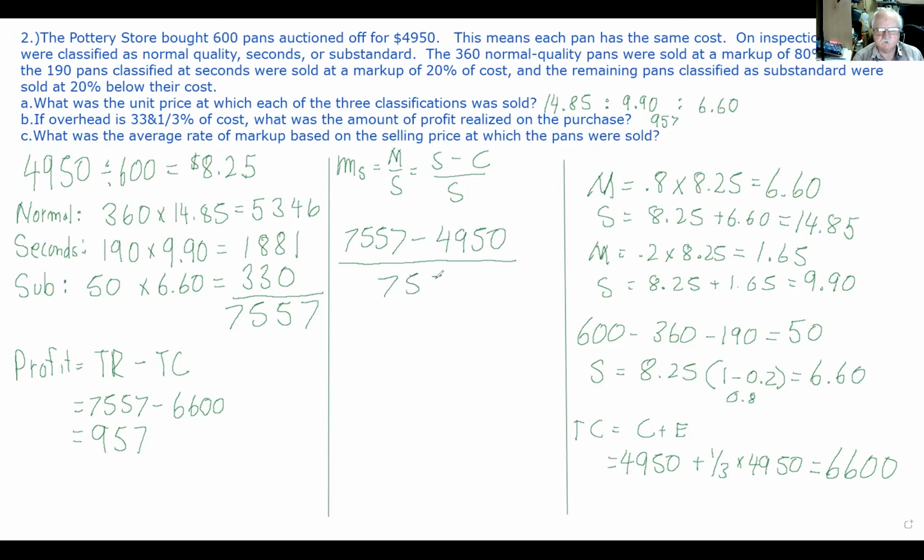So 7,557 minus 4,950 divided by 7,557. We're going to go times 100 to turn it into a percentage. And so what do we get there? I'm getting 34.4978, 1659.